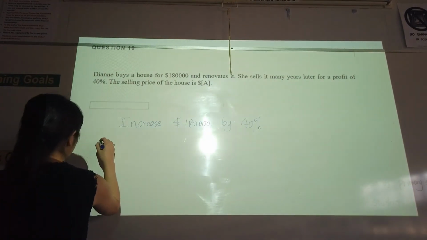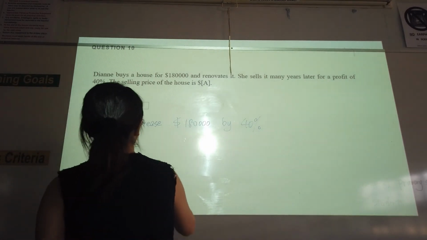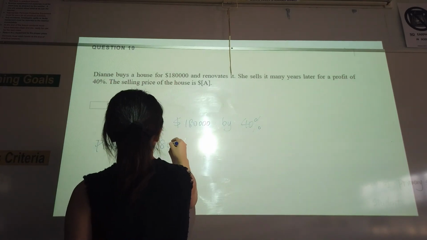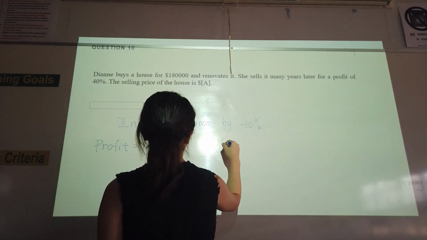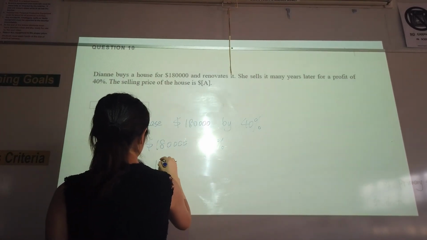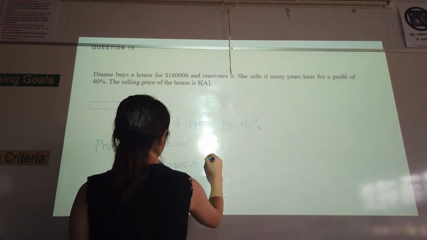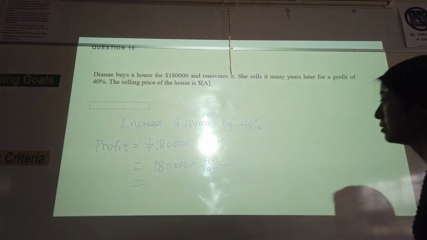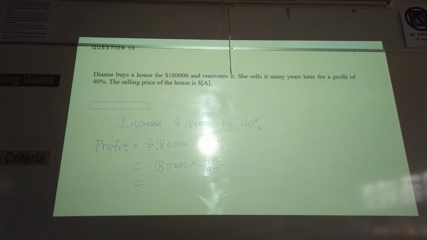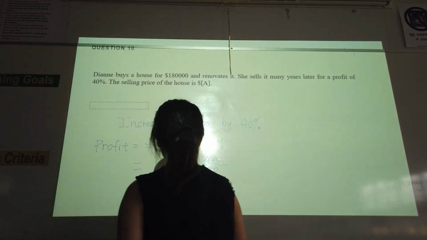Profit is $180,000 times 40%, which is $180,000 times 40 out of 100. Calculate yourself first. We get the profit is $72,000.